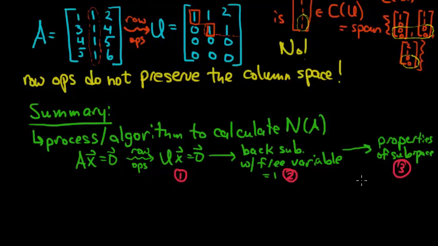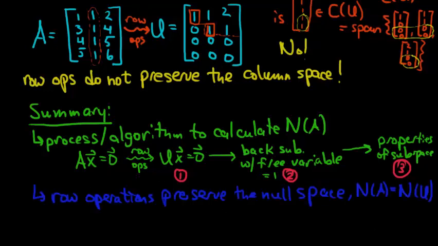So the second key important point that this hinges on is that row operations preserve the null space. So that's going to be the next part of the summary. The null space of the original matrix is the null space of the echelon form of the matrix. But the follow-up to that, you will recall, is that row operations preserve the null space, but not the column space.